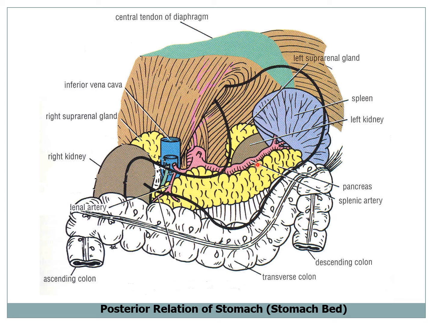The stomach bed consists of the left crus of the diaphragm, left suprarenal gland, anterior surface of the left kidney, the tortuous splenic artery, anterior surface of the pancreas, and anterior layer of the transverse mesocolon. Sometimes there is the left colic plexus, and the gastric impression of the spleen comes in contact with the posterior inferior surface of the fundus when the stomach is distended, but the spleen is separated from the stomach by a recess of the greater sac. So these are the posterior relations of the stomach.